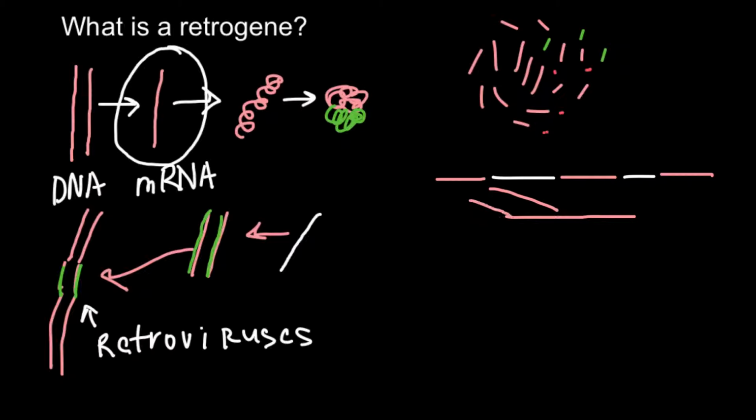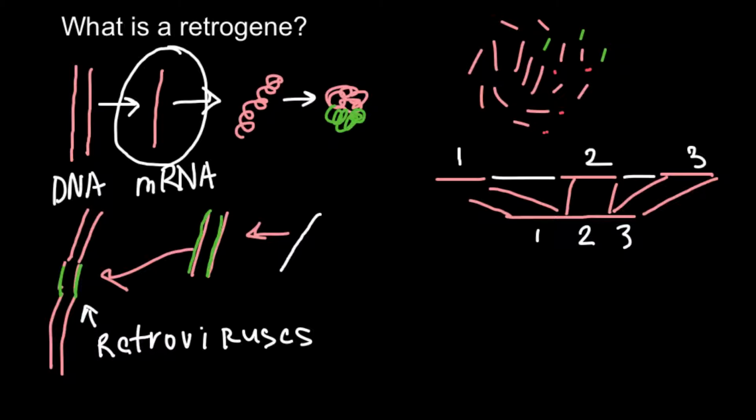So only these fragments are present in the mature form. If this fragment is exon 1, this is exon 2, and this is exon 3, in mature messenger RNA we would find all three fragments present, but the introns would be absent.